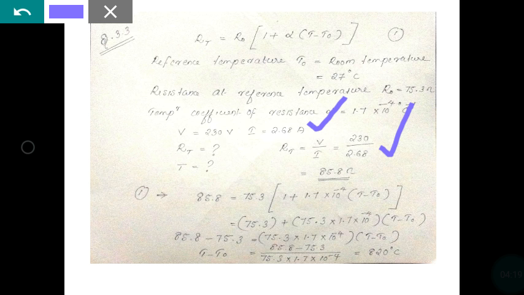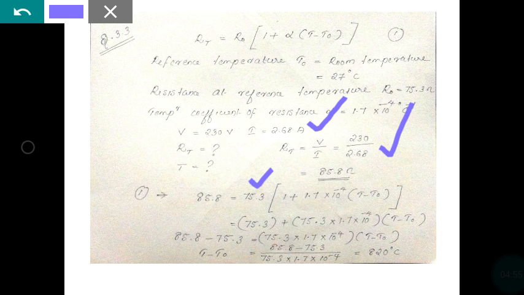RT we obtained there as 85.8 ohm. R0 is the resistance at room temperature, 75.3 ohm into 1 plus the value of alpha, 1.7 into 10 raised to minus 4 into T minus T0. We know the value of T0, it is room temperature 27 degrees Celsius, but let us put the value in the final step after simplifying all the steps.